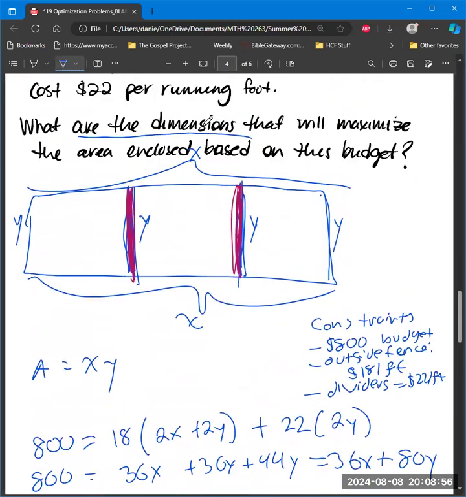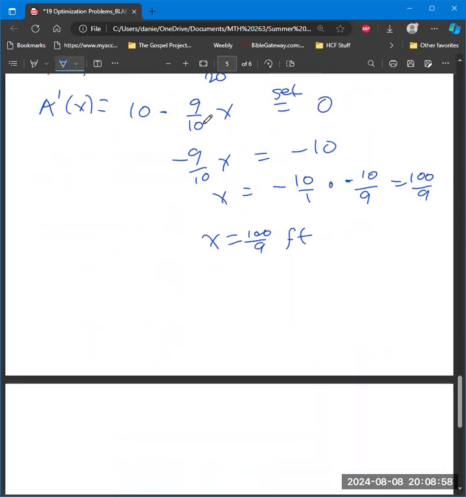Well, we have x, so we know that the width, x, is 100 over 9 feet, which is exactly 11 1/9 feet.